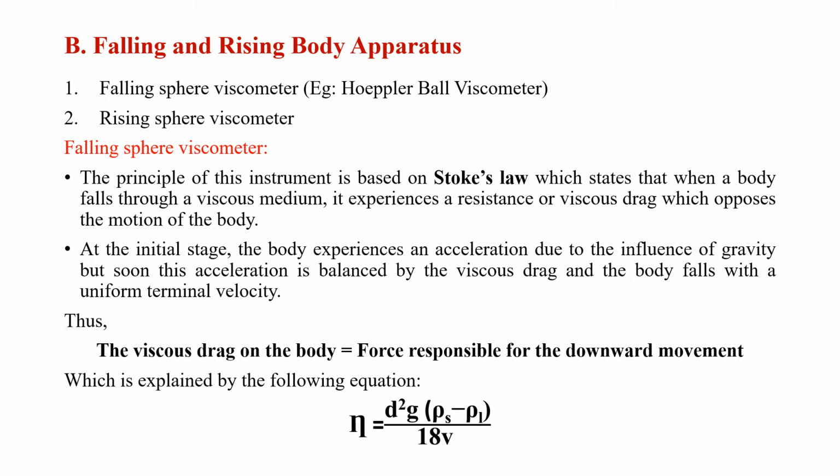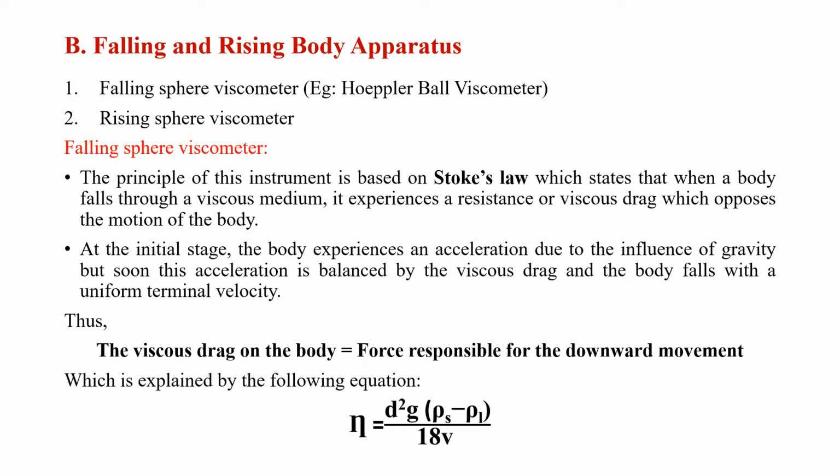So the viscous drag or the resistance experienced by the metal ball during its movement indicates the viscosity of the given sample. This is the basic concept behind this apparatus, the working principle.